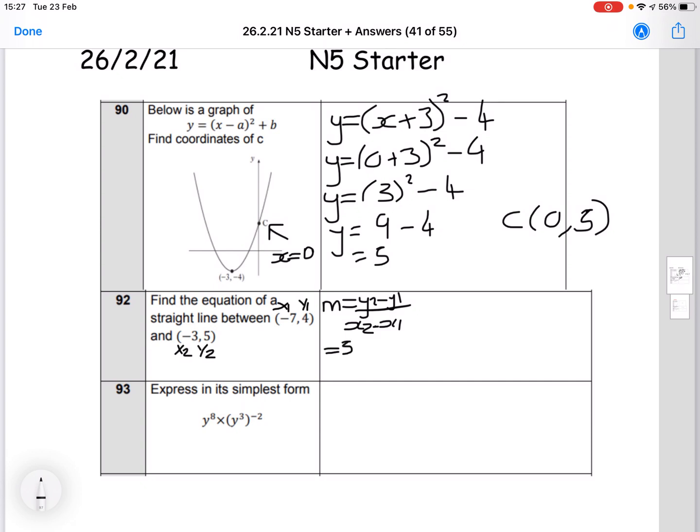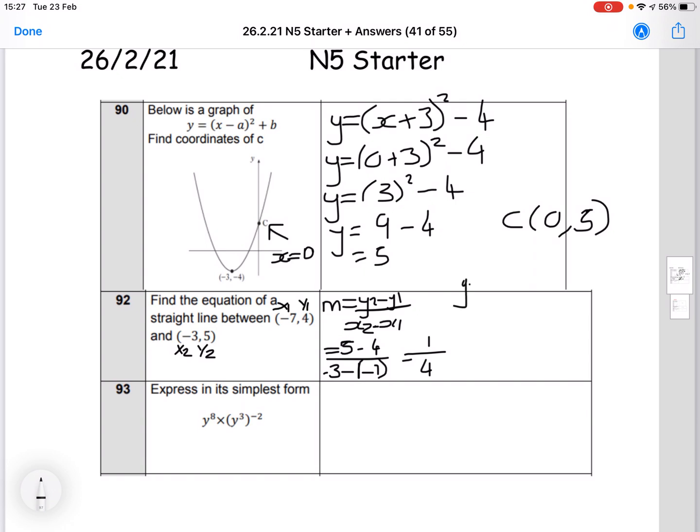So we're going to be doing 5 minus 4 over -3 minus -7. So 5 minus 4 is 1, -3 minus -7 becomes +7. So -3 plus 7 is 4. So it's 1/4 for the gradient.